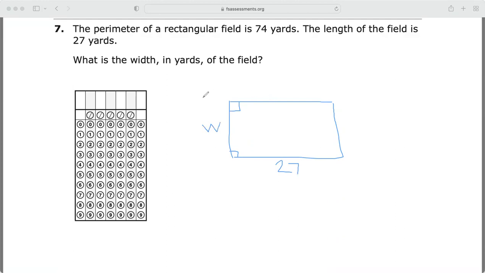And it says the perimeter is 74. So perimeter is like if you were to start in one corner and walk all the way around the field on the outside edge. That is the perimeter. And perimeter equals 2 times the length plus 2 times the width.